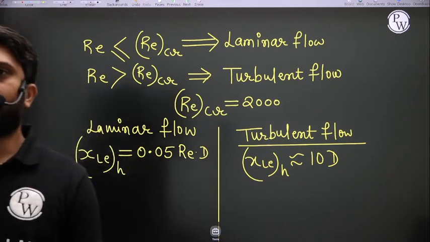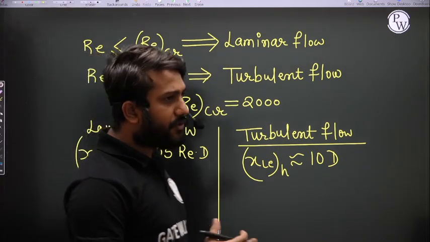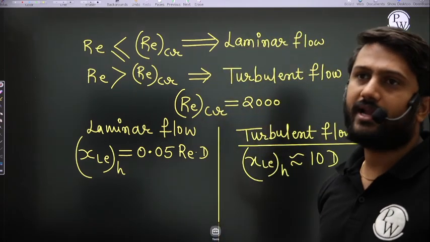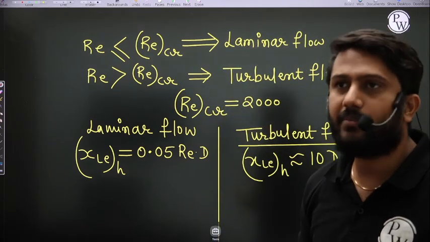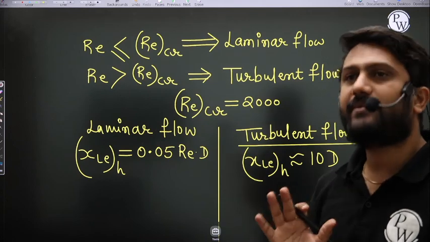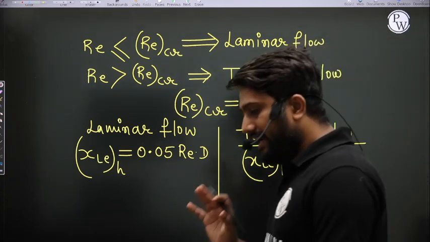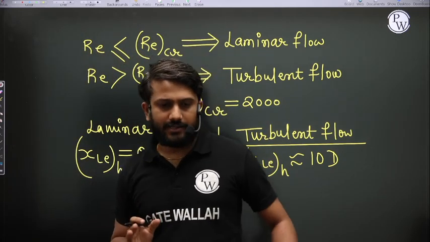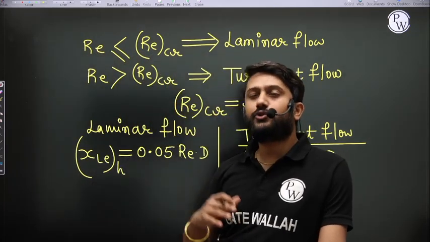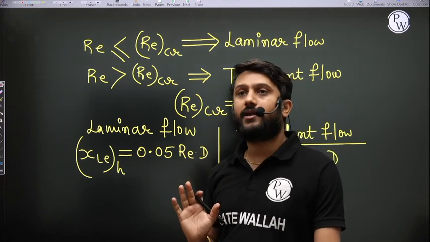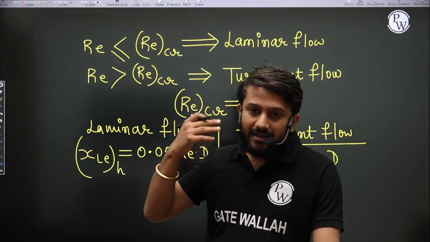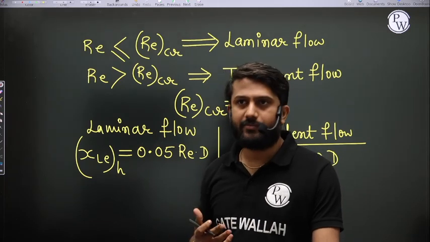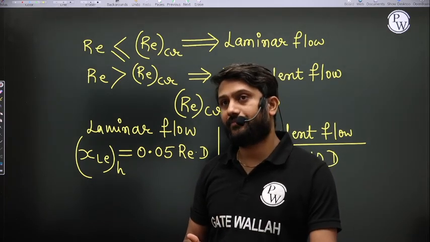So in case of turbulent flow, the dependency of the hydrodynamic entrance length on the Reynolds number is negligible, I can say. The hydrodynamic entrance length is not much dependent on the Reynolds number, whereas in laminar flow, it strongly depends on the Reynolds number.